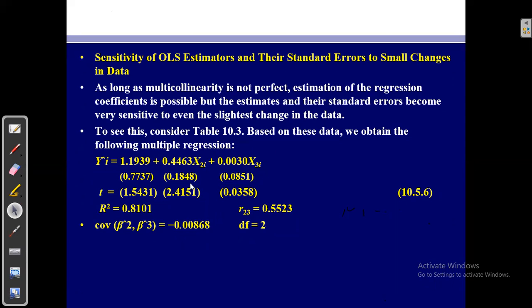In the bracket, we have the standard errors of those estimators, and then in the next bracket, the T ratios, which is the coefficient divided by the standard error, okay?